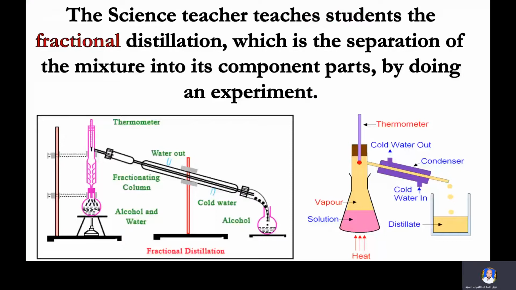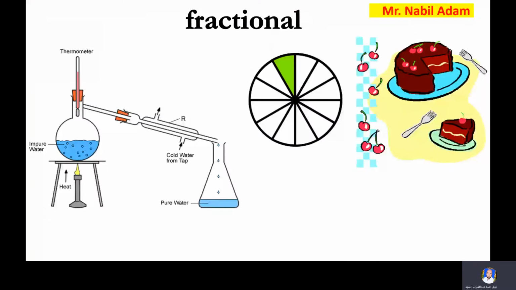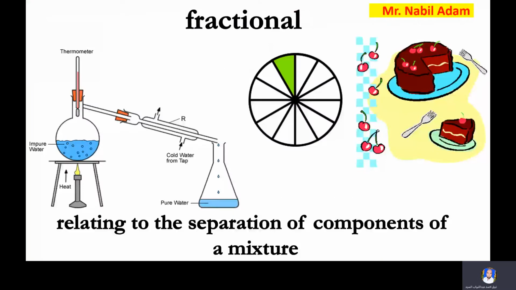In fractional distillation, they refine the oil to make other types, like petrol for cars, polymer for plastic, tar for roads. Fractional: relating to the separation of components of a mixture by heating it.